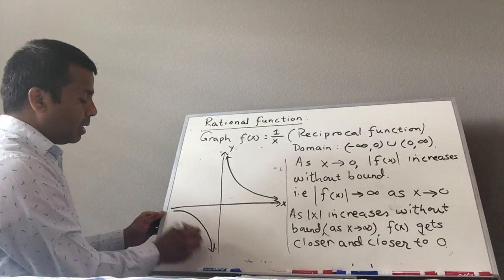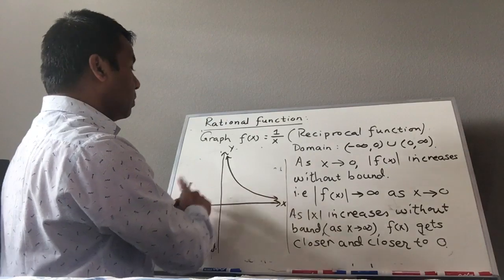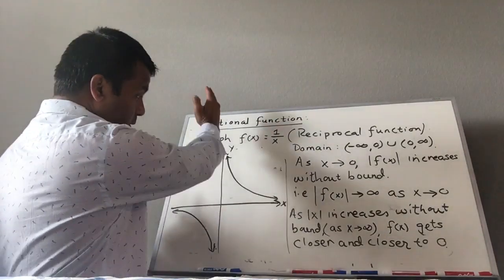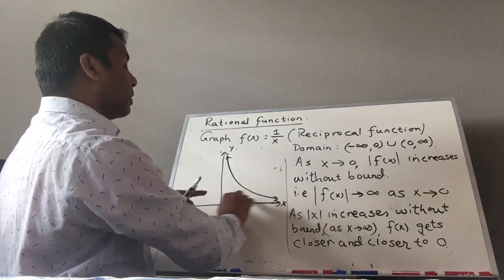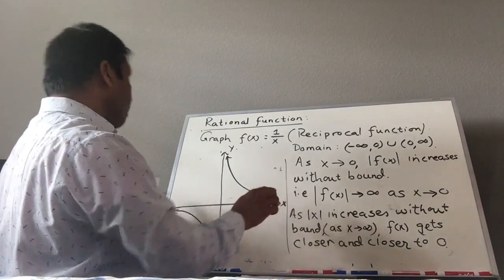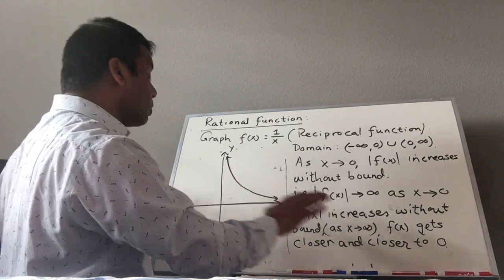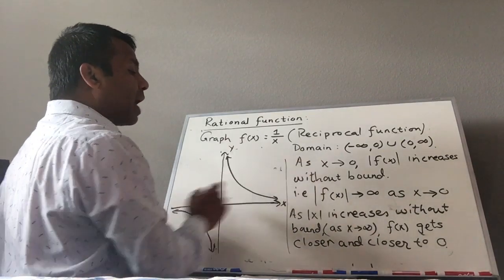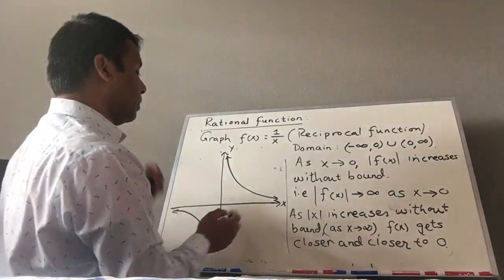You see here, as the values of x approach 0, f(x) increases without bound; it goes to positive infinity and to negative infinity. As the value of x is a very big positive number or a big negative number, that means x increases without bound in both directions, and the graph moves closer and closer to the x-axis.